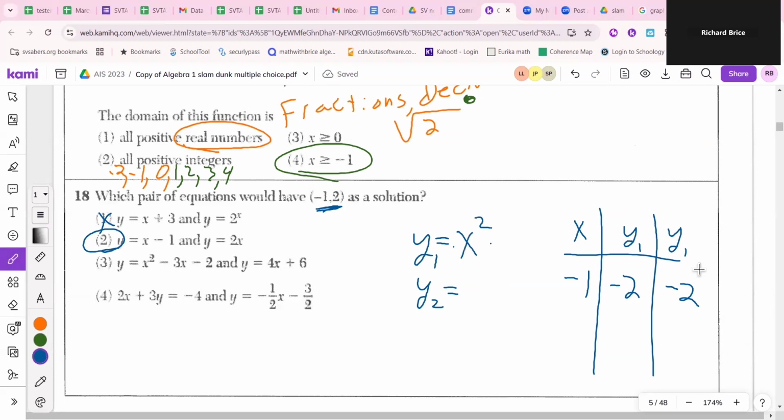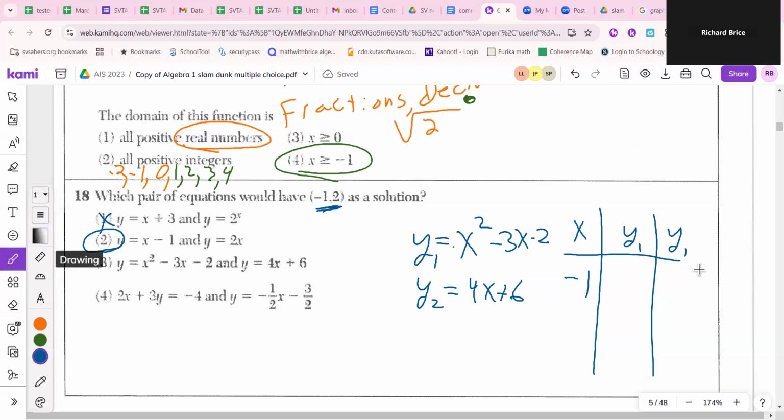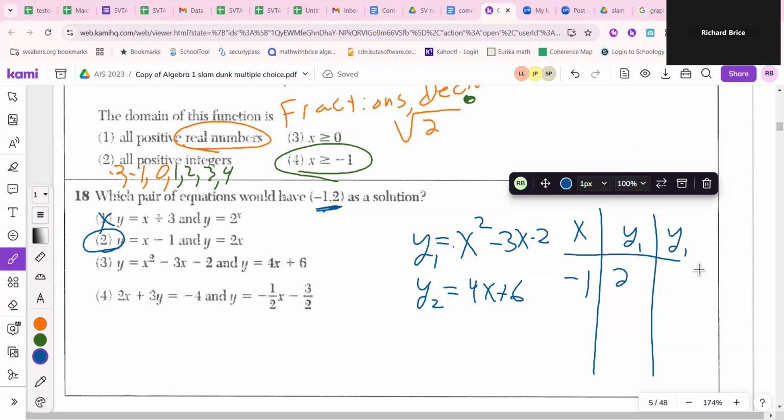x squared minus 3x minus 2 and 4x plus 6. Those are typed into y equals. We hit second graph to get the table. And when we look at -1, we get 2.